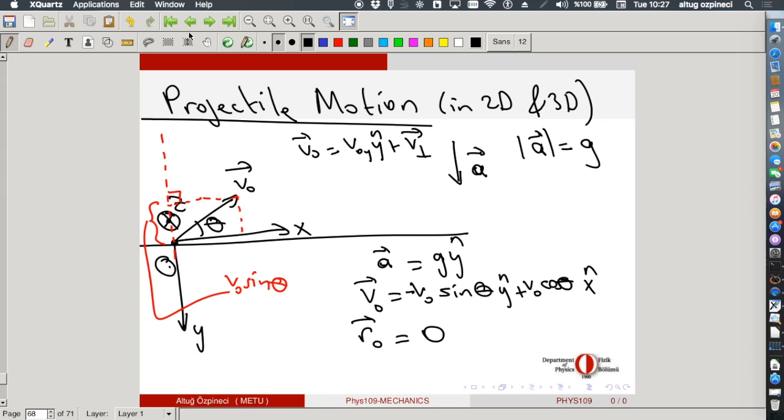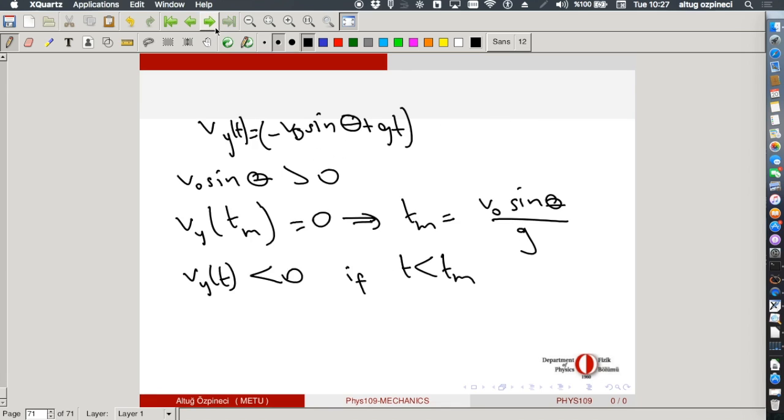So until this time, Tm, the chalk is going upward. After this time, the y component of the velocity is positive, and hence it is going downward.